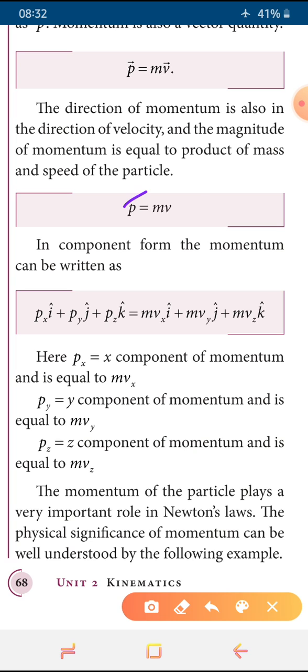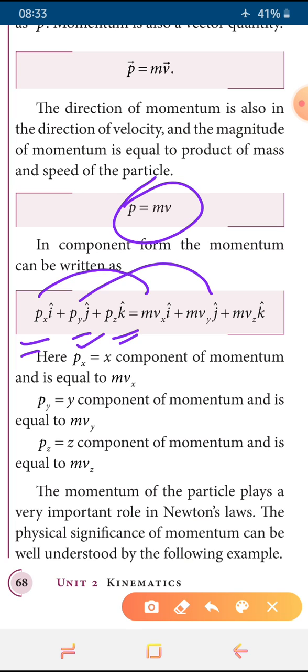We can write p_x i cap along the x axis, p_y j cap, p_z k cap, which is equal to m v_x i cap, m v_y j cap, m v_z k cap. So this is the formula for momentum with respect to components.